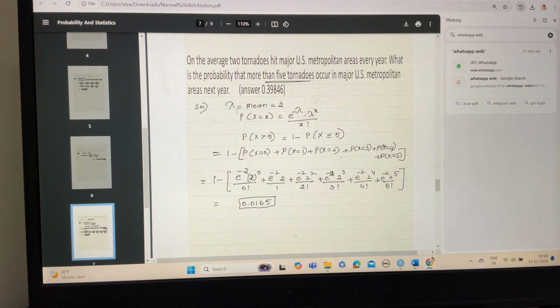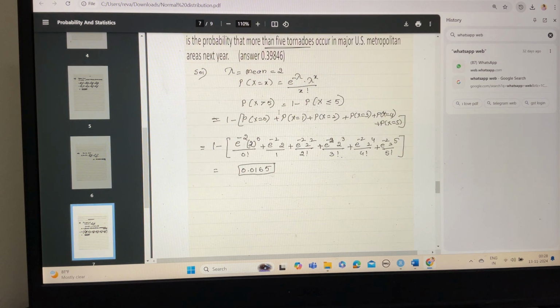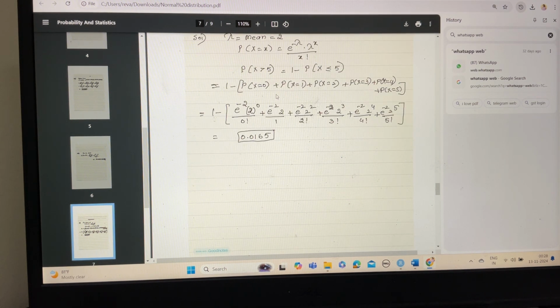Now, on an average, 2 tornadoes hit major US metropolitan areas every year. What is the probability that more than 5 tornadoes occur in major US metropolitan areas next year? So here, what is the lambda? Two hits in the metropolitan cities, that is, 2 tornadoes on an average.